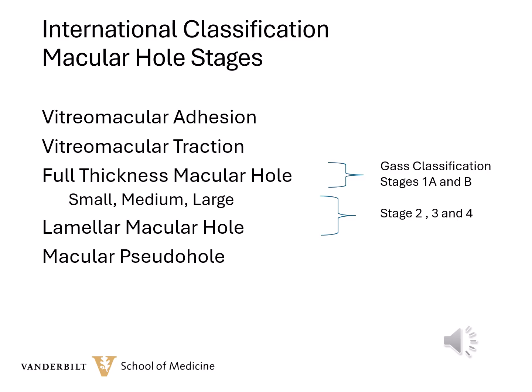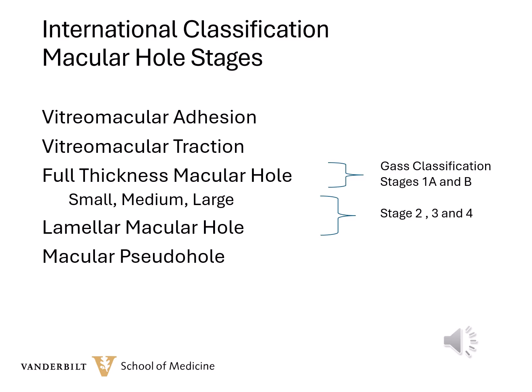So here are two different classification systems. On the left-hand side is the international, and it has everything from vitreomacular adhesion on down to the full thickness macular hole, separated out into small, medium, and large. Lamellar macular holes and pseudoholes are a totally different subject that will be covered later.